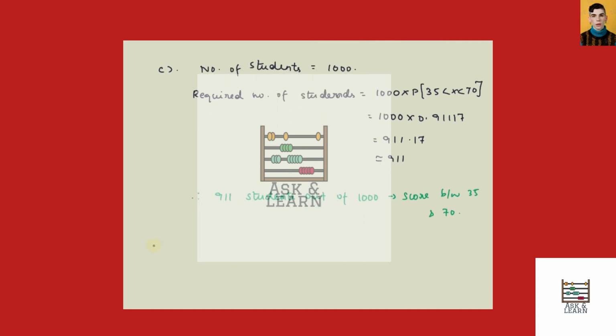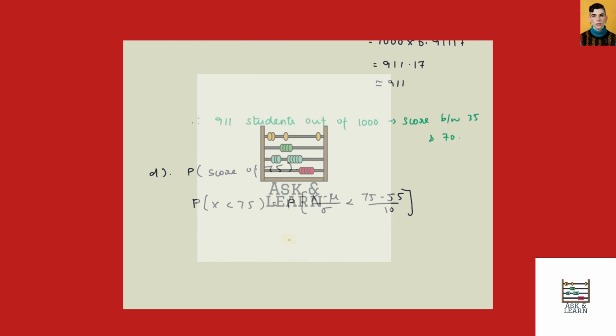Then for subpart D, the percentile, we need to find the percentile of a score of 75. So the probability of x less than 75 is equal to probability of (x minus mu) by sigma less than (75 minus 55) divided by 10. By simplifying this, we get probability of z less than 2.